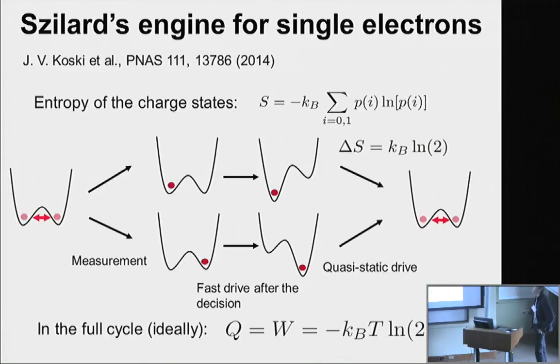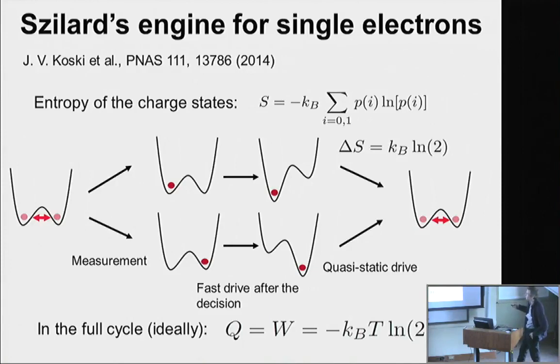So what we can do is this in our circuit. I now depict this single electron box as this two-level system here. Initially you put the system into this degeneracy point where the two charge states n equals 0 and n equals 1 are degenerate, and the particle can be on either side. Then you do a measurement.